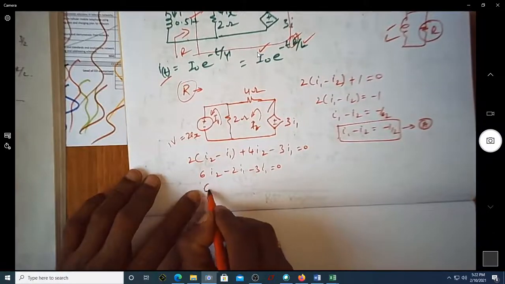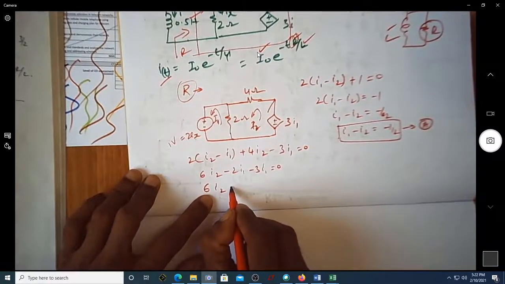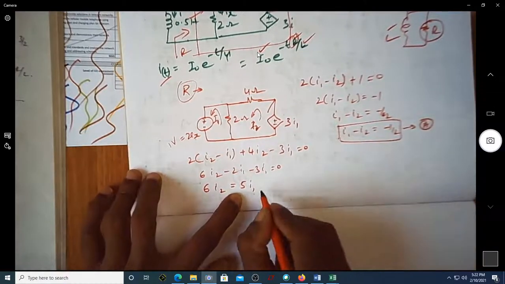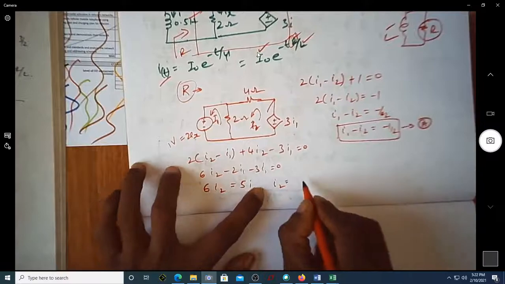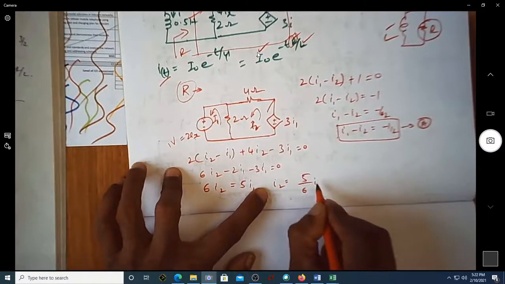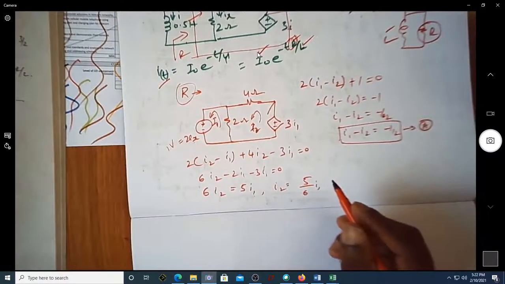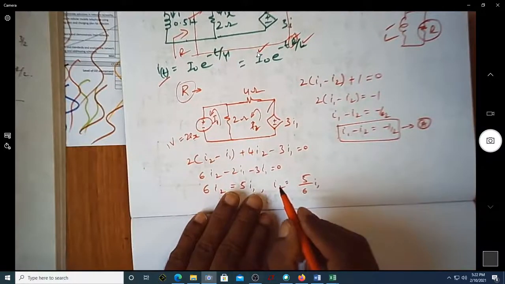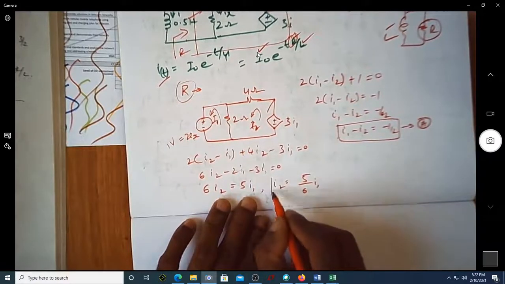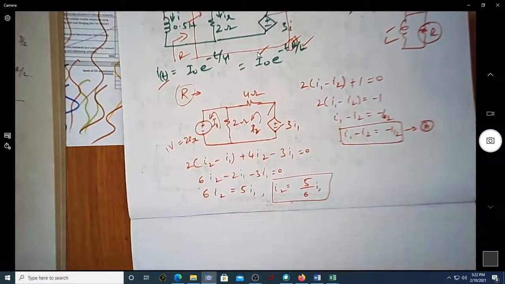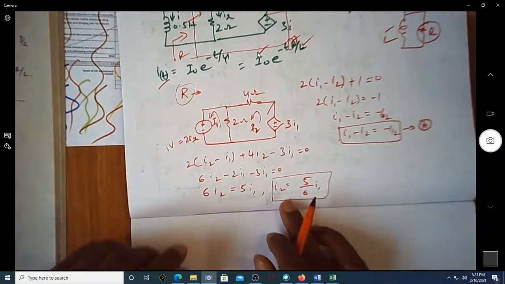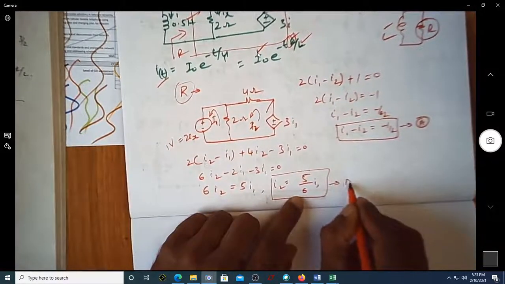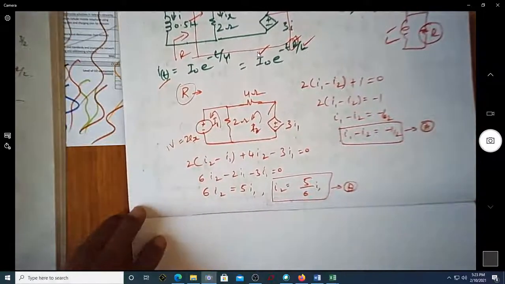Ultimately 6 I2 equals 5 I1, or I2 equals 5 by 6 I1. So this is the expression for I2, which is equation B, and I know the expression for I1 minus I2 from equation A.